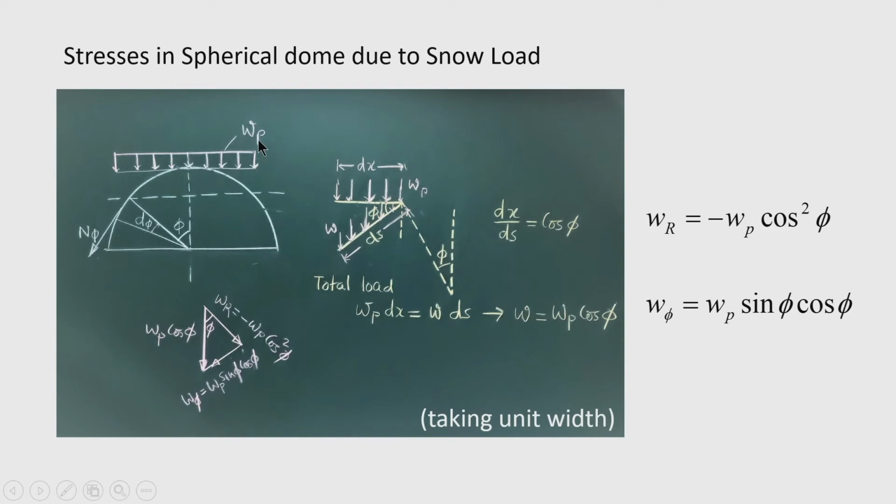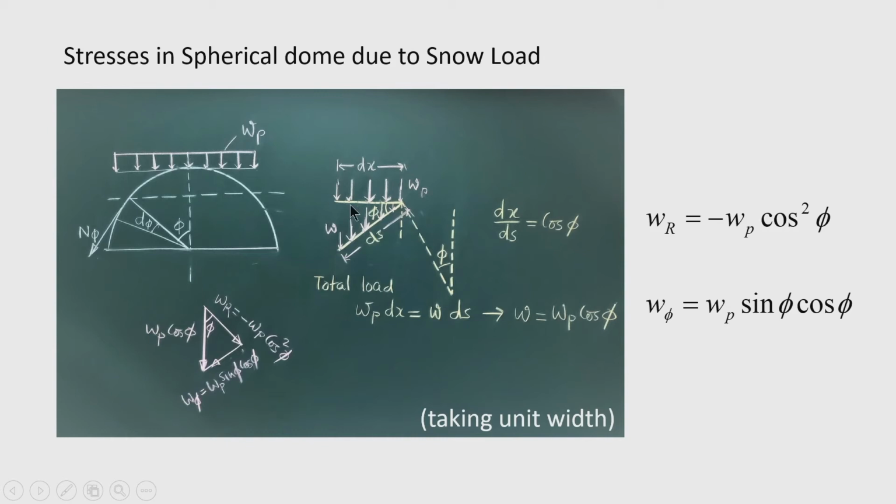So, W p is the load per unit area on the horizontal surface, and W, if you see, only W is the load that is acting on the curved surface of the shell. Okay. So, how to obtain the stress resultant due to this type of load?